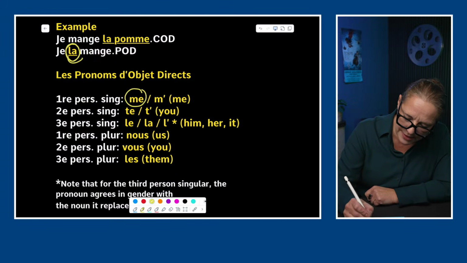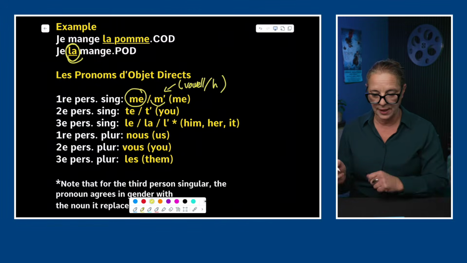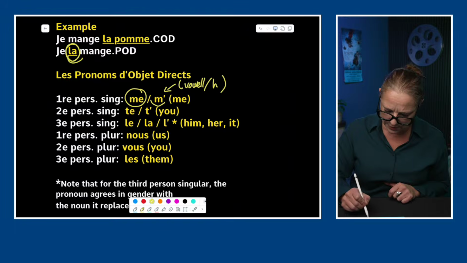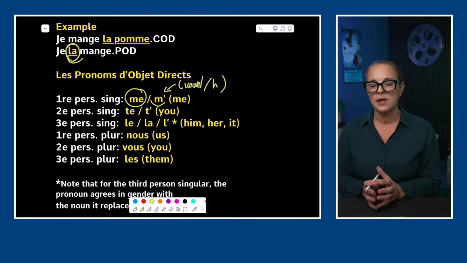Here we go. Can you see that? Or m with an apostrophe when you're using a vowel or a silent H. Okay?